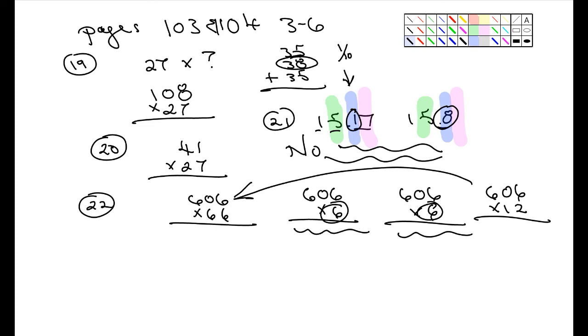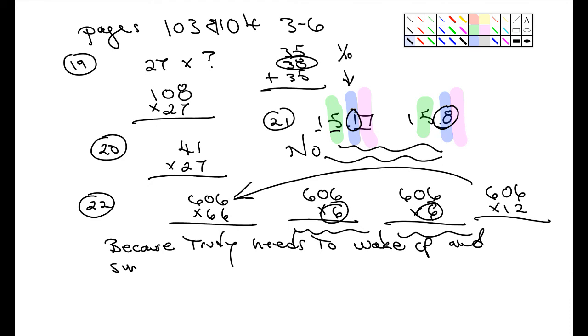It says explain why Trudy's method will not give the correct answer. And so you could write because Trudy needs to wake up and drink some coffee and smell the coffee. And then I'm going to draw my coffee cup here.